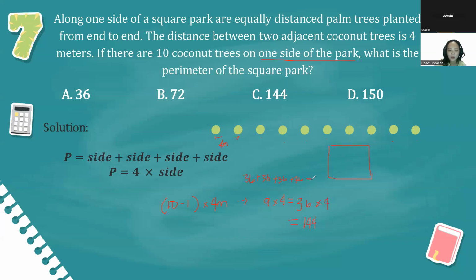The answer would still be 144. Did you get that? This question is somehow tricky because it was only given one side of a park. Here is the tricky part. This is only one side of a park. Did everyone get this?